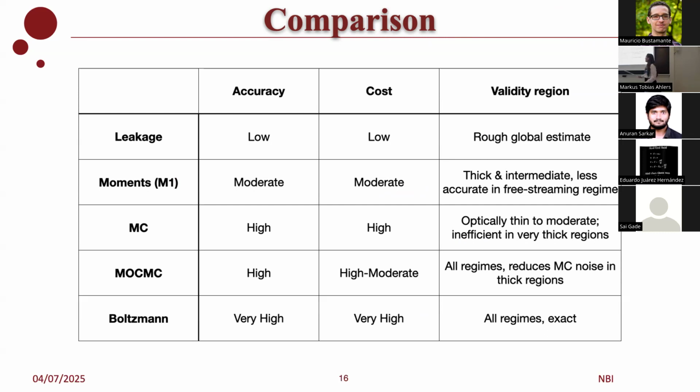And then the highest accuracy, but also the highest cost, has the Boltzmann solver that you saw yesterday. So there are some approximations to solve, if appropriate, for example, to use a spherical Boltzmann, something like that. Okay.